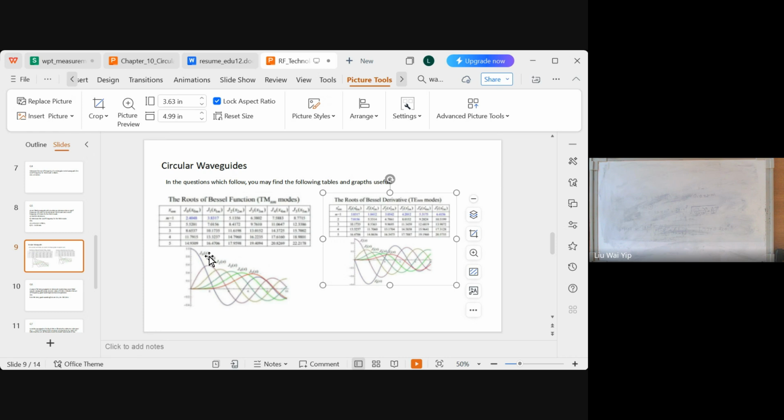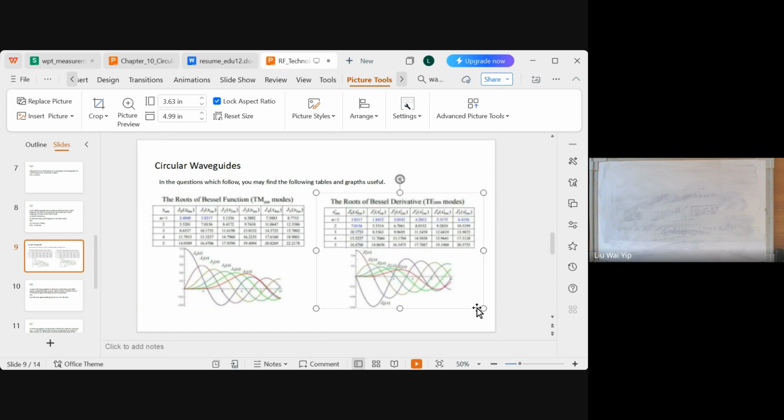For this one, you get J0 of x, and for this one you get J1, and then you need to take the derivative and equate it to zero, and then you can get these roots. I'm going to enlarge it so you can look at it more clearly.